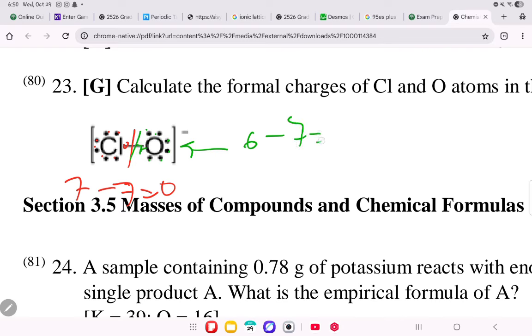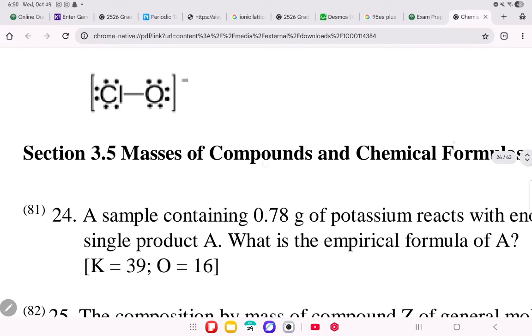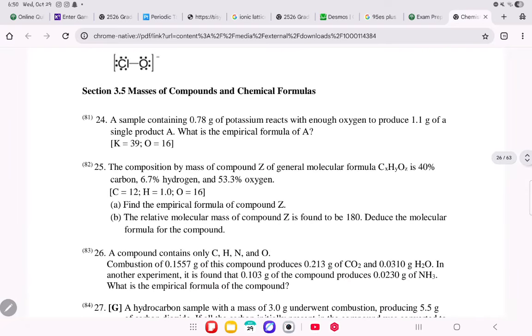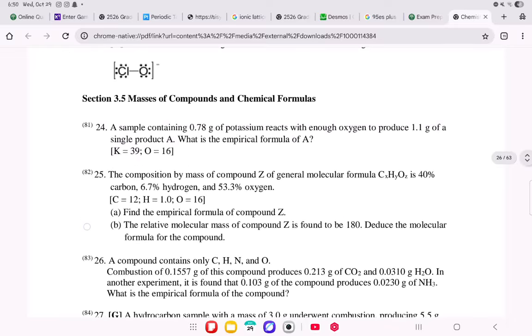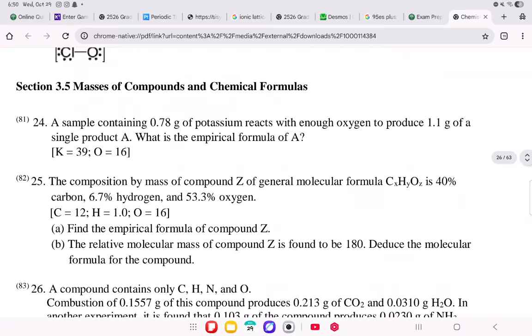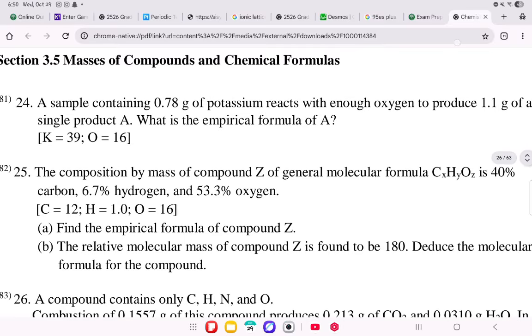Now we move on to section 3.5, which I believe... Oh, okay, perfect. We don't have too much. Now section 3.5 is all about solving. They said a sample containing 0.78 grams of potassium reacts with enough oxygen to produce 1.1 grams of a single product A. What's the empirical formula of A?